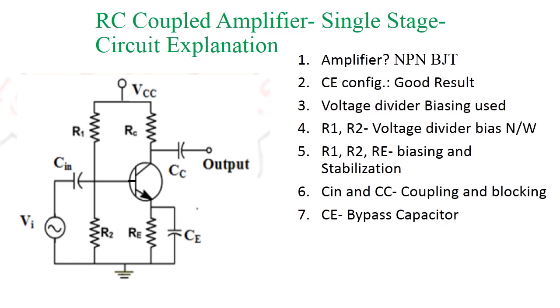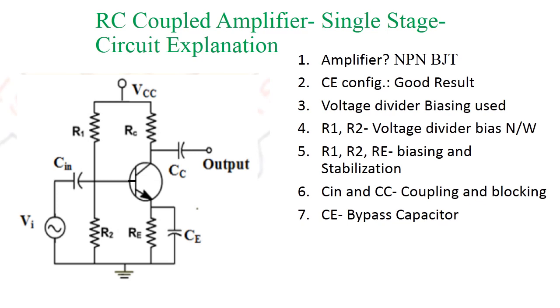This coupling capacitor Cc is also known as blocking capacitor because it blocks DC signal. Sometimes VCC will be present at the resistor RC. So VCC is a DC supply. If VCC is present across RC, capacitor Cc will block that DC and it allows only amplified AC signal to the output.